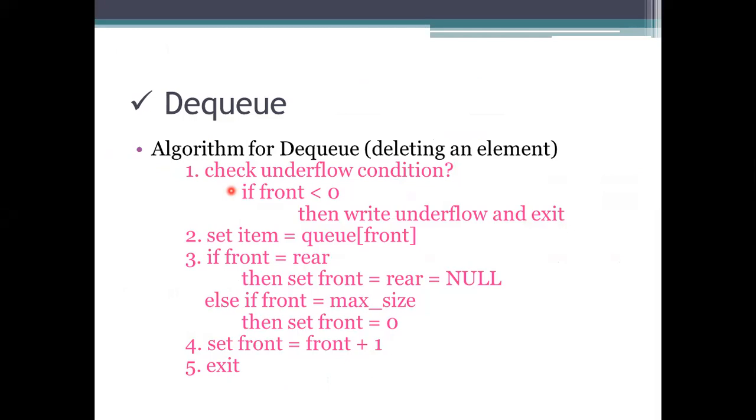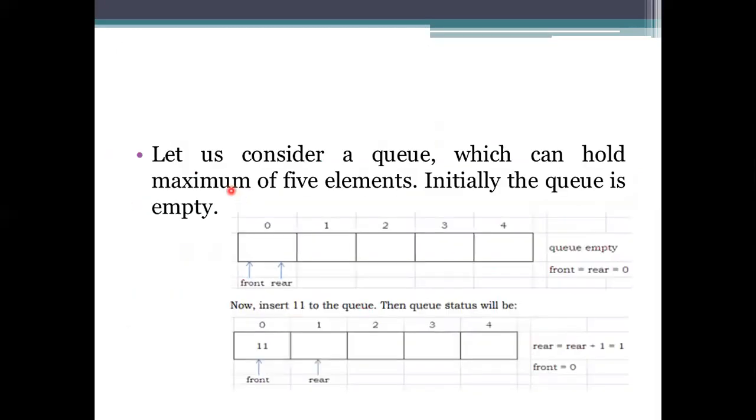IsFull means we are not able to insert any value into the queue. IsEmpty means we are not able to delete an element. So if it is an empty one, like this, there could be no chance of accessing or deleting an element from this point.